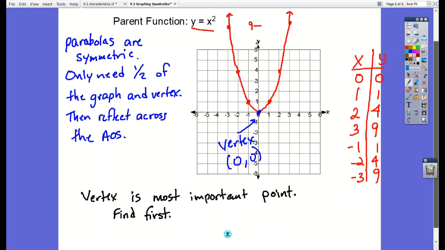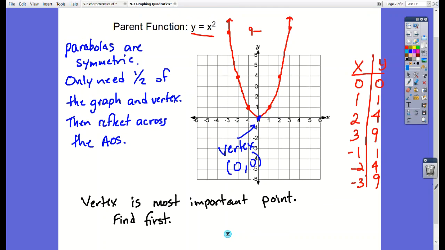But once we have our vertex, everything is always a transformation of the parent function, right? We talked about that with absolute values in detail. So let's go into detail and look at this graph. The first thing that we want to find is this first point. We're going to focus on just the right side because we can just reflect everything over.